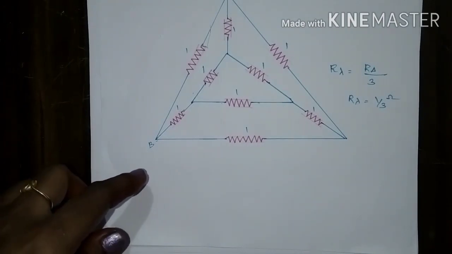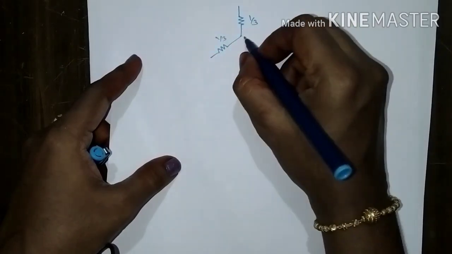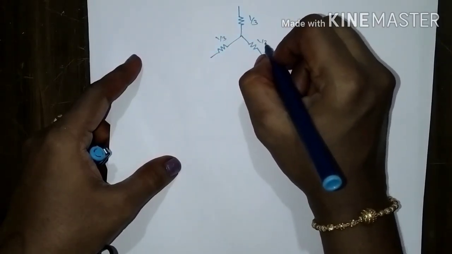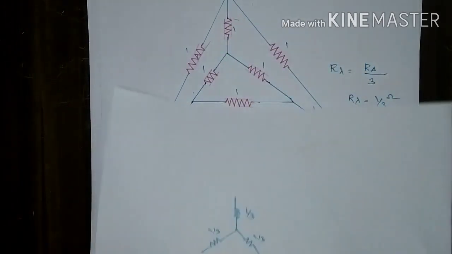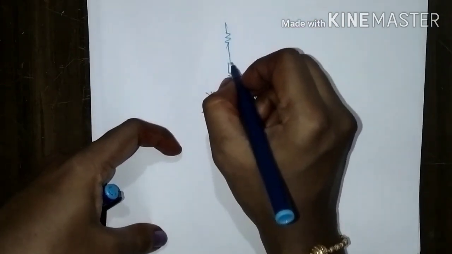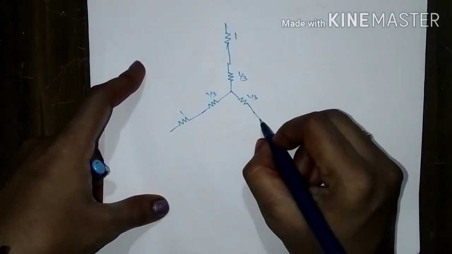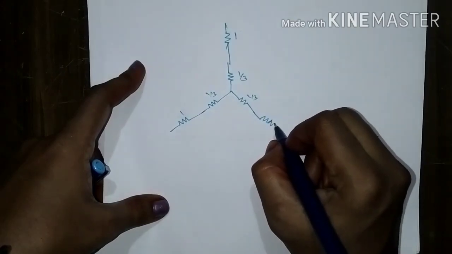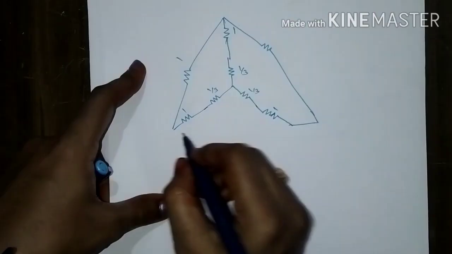Now the circuit can be redrawn with 1 by 3, 1 by 3, 1 by 3, each in series with 1 ohm. The circuit has to be closed with 1 ohm again.